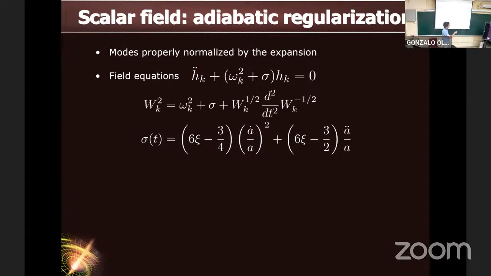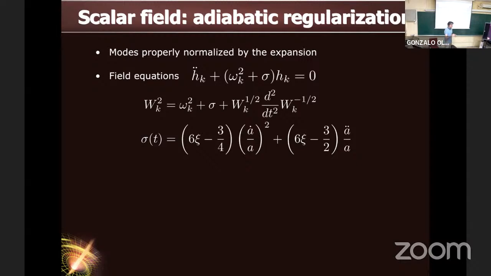But here with that expression, we have the field equation reduced to a harmonic oscillator equation for the h with a time-dependent frequency. And once we substitute the asymptotic expansion for h, we have this equation of motion for the W. And now I can explain what I meant previously by adiabatic order.